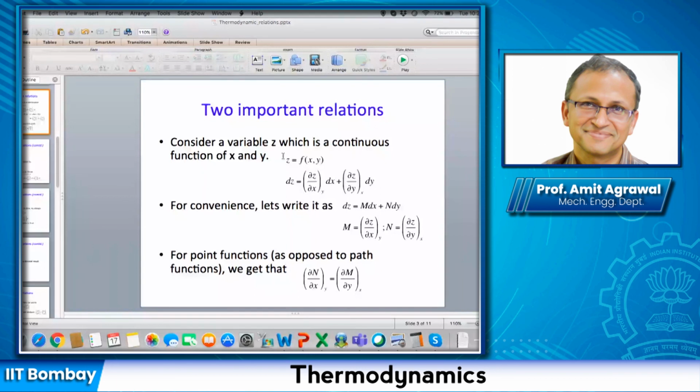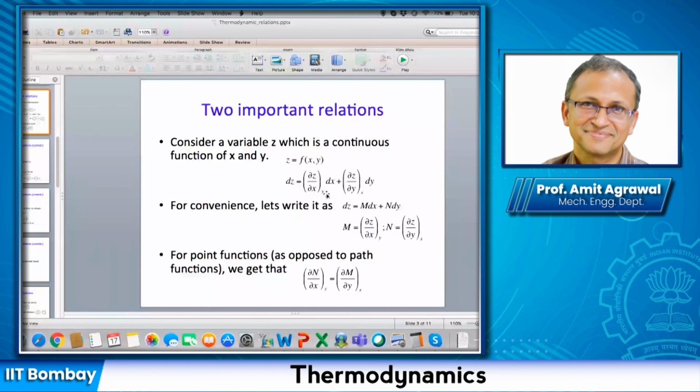So that's my Z, and I can keep on changing my pressure and temperature. Let us say that's my simplest set of variables or properties. I can change my P and my Z, my internal energy would keep on changing. I keep on changing my temperature, my internal energy will again change, keeping the other quantity fixed.